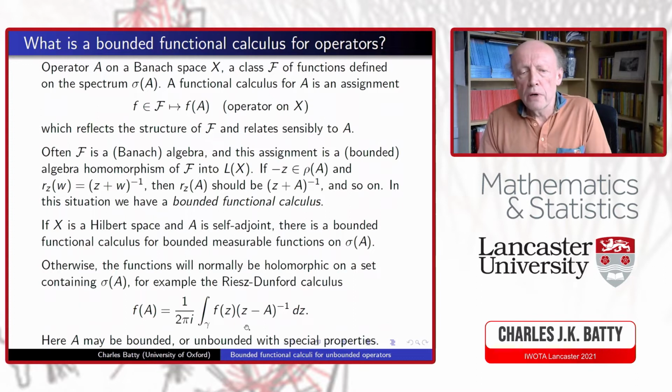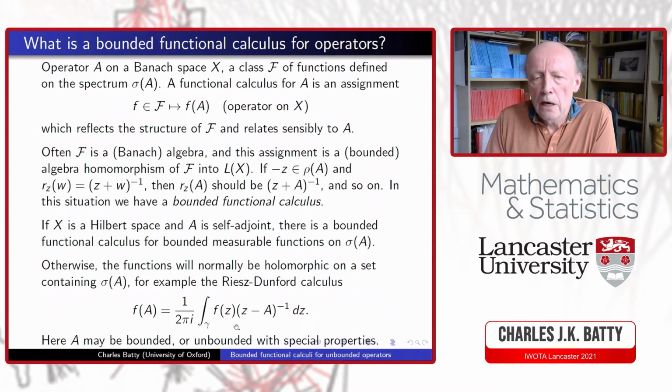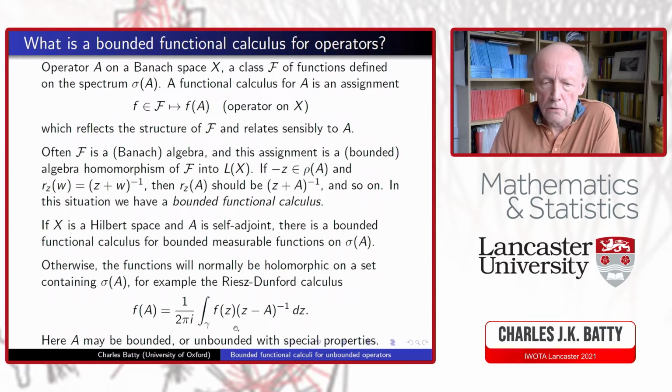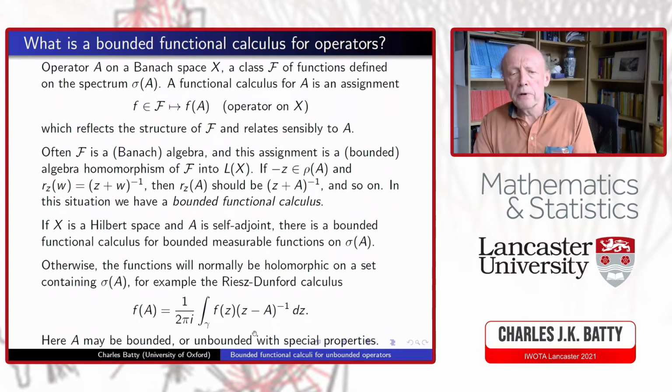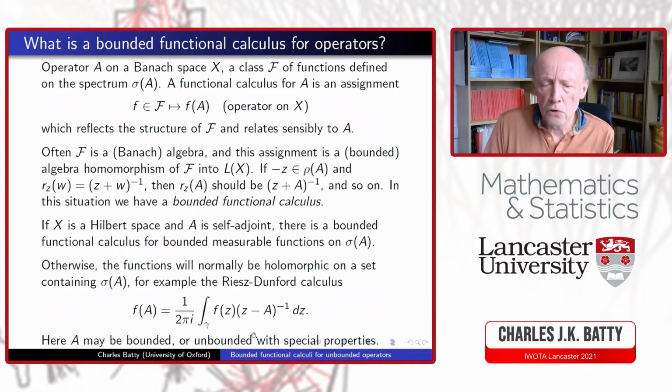Now, if your operator A is bounded, this is easy to do. You can take a closed contour gamma around there. If the operator is unbounded, it's more difficult because the spectrum may go off to infinity, and so gamma will have to go off to infinity. But with some other properties at hand, one can make sense of this integral, at least for certain f's and certain A's.